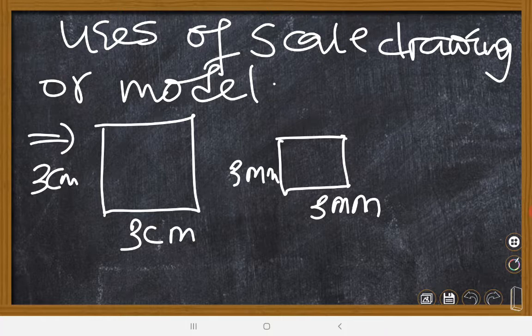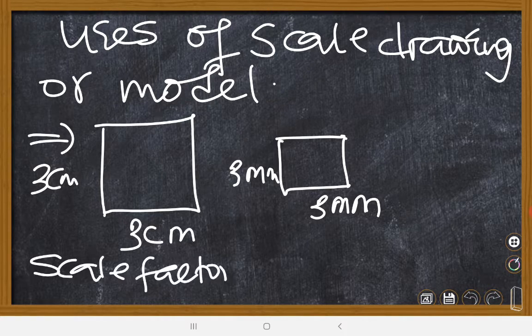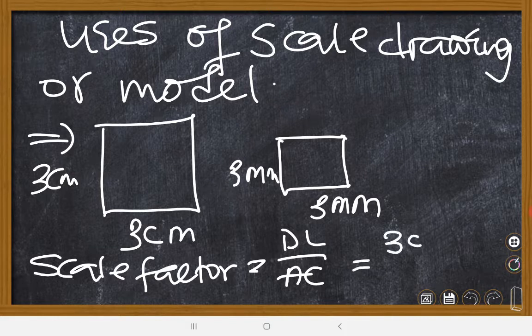So how do you find the scale factor here? Scale factor equals drawing length over actual length. The actual length is 3 centimeter and the drawing length is 3 millimeter.